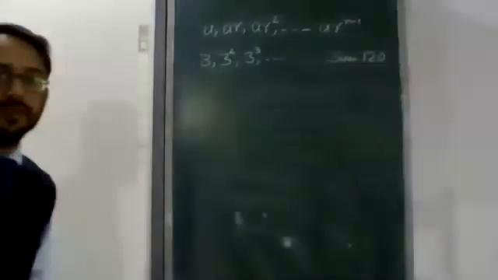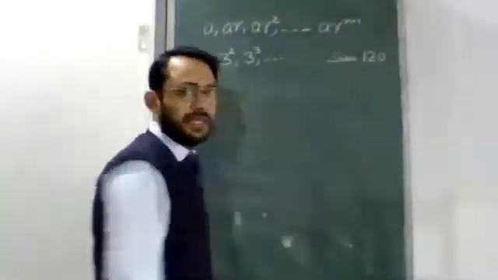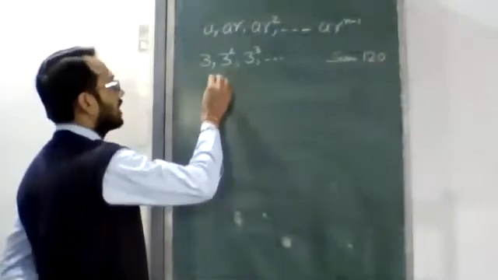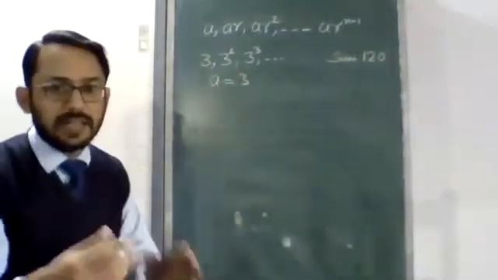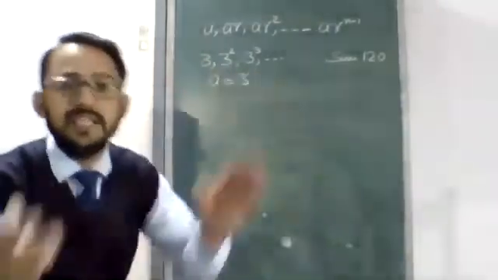How many terms of the GP are needed to make the sum 120? How many terms are required to make the sum as 120? So first term A is 3. Now R is also 3 because we are multiplying each term by 3.